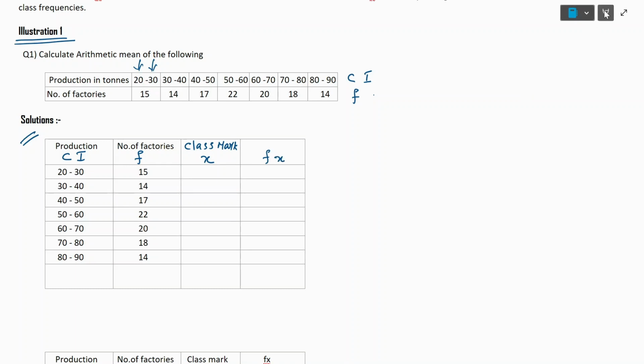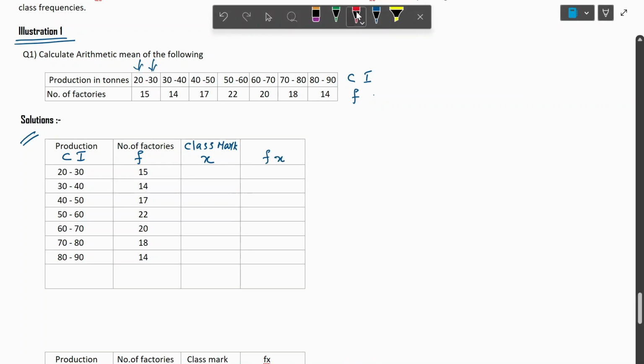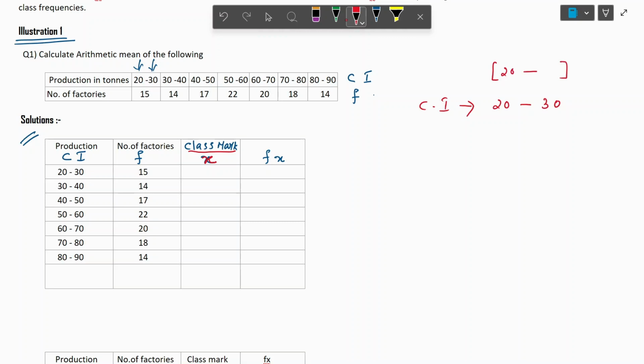Now I'll tell you what this class mark is. This is a new thing for continuous data, the class mark, which is denoted by x. Class mark means, now you are considering the first class interval. What is the first class interval? 20 to 30. That means this is an interval. The middle value of 20 to 30 is called your class mark. That means the midpoint of this interval.